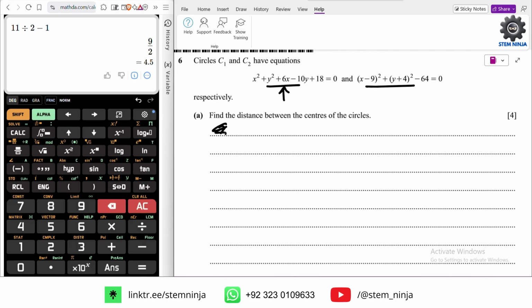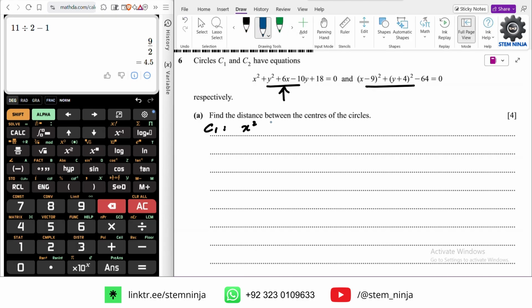So you have C1: x squared plus, actually wait, this is 6x, right, 6x plus y squared minus 10y equals minus 18.